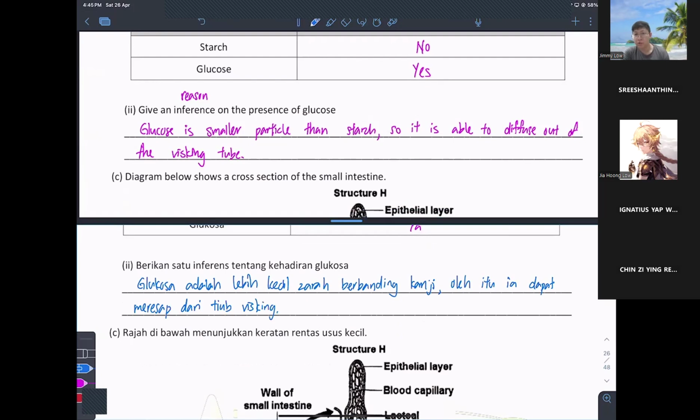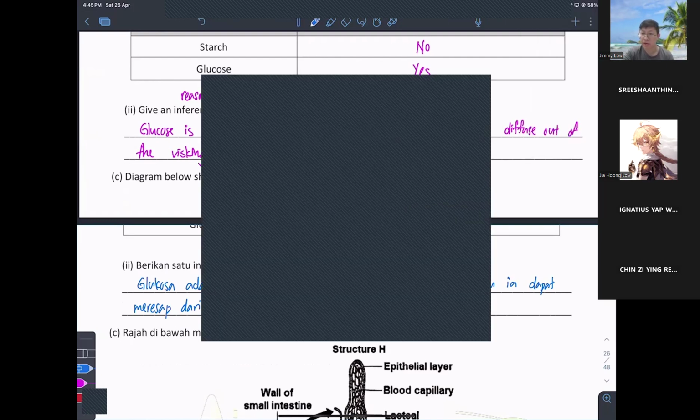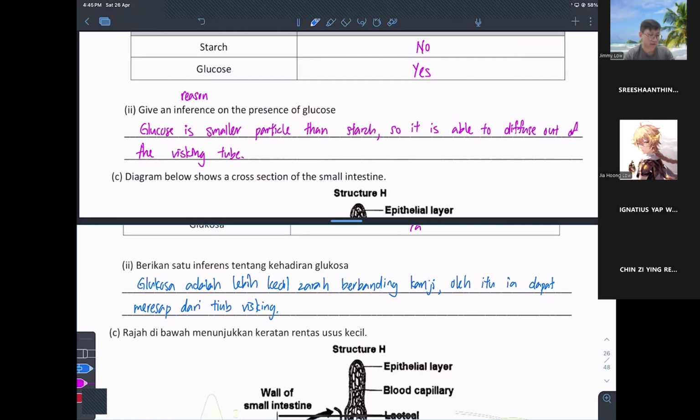So again, you make it a complete sentence. Don't randomly write, then you don't score the marks. So this is how you deal with the inference questions.